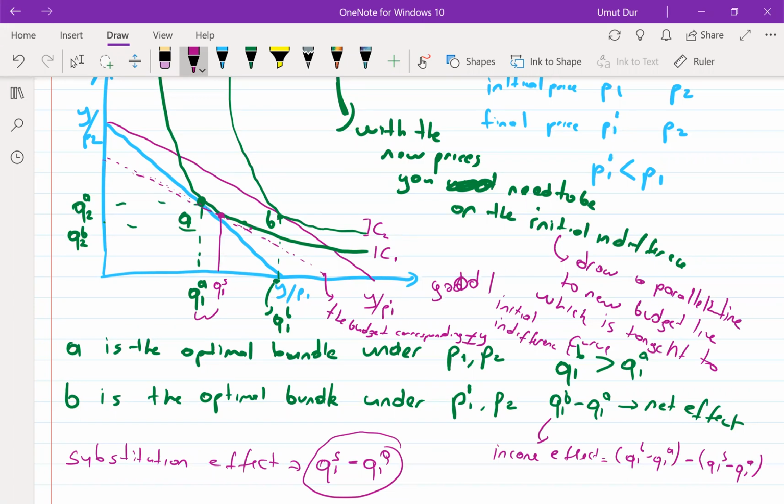If you do the math here, Q1A will cancel out. And it is Q1B minus Q1S that is the income effect. Okay, so on this graph, this is the substitution effect. This portion is the income effect. And all those portions together are the net effect.